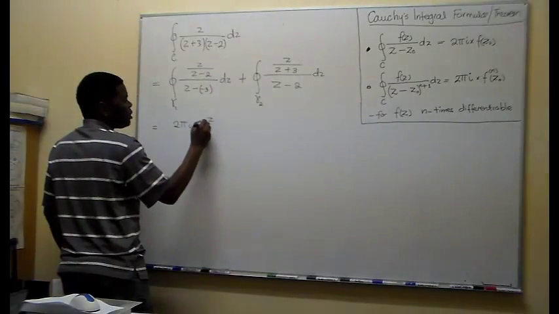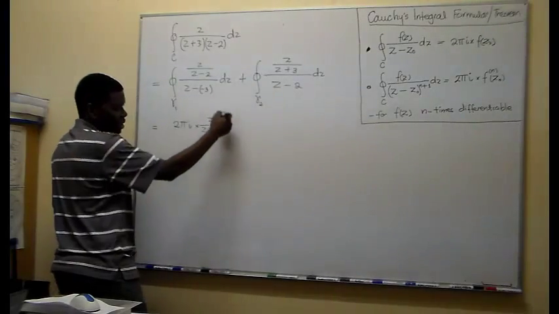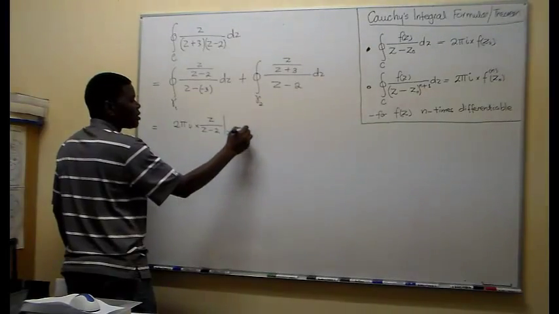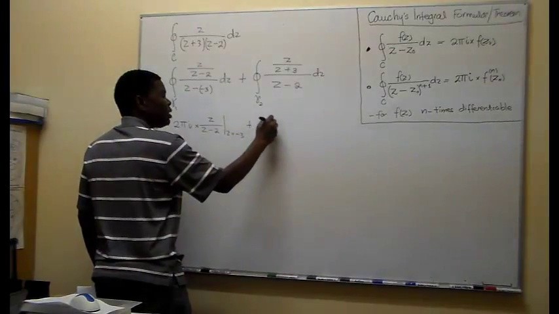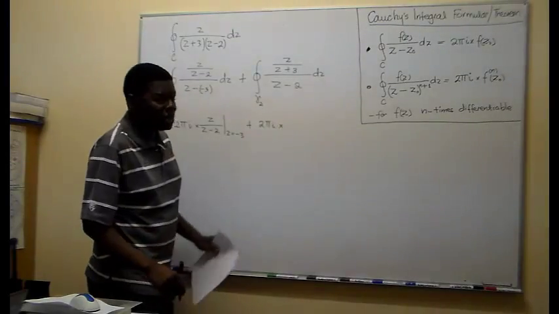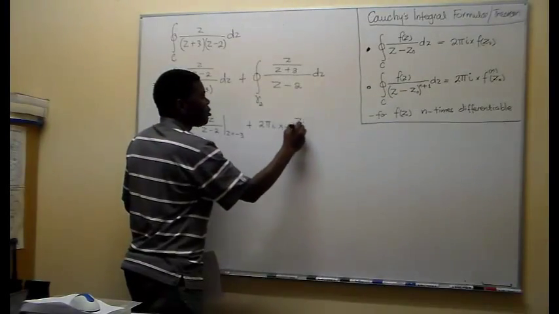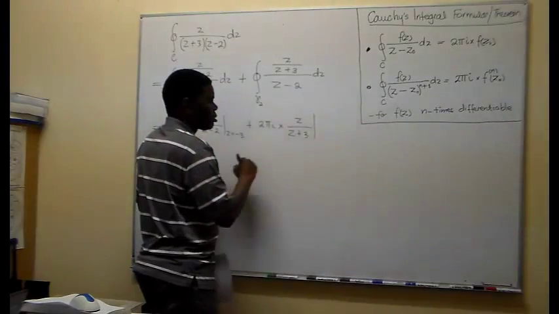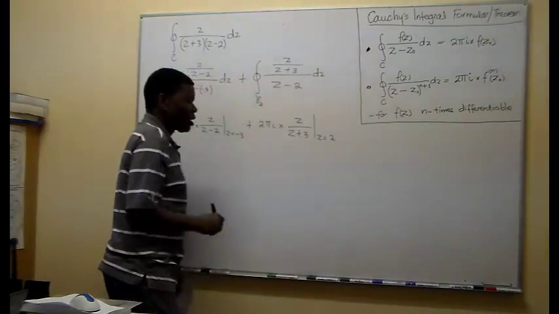I'm going to copy this exactly as it is, z minus 2, evaluated at z equals minus 3, plus, this side is the same formula, 2πi multiplied by f(z). In this case, our f(z) is z over z plus 3, evaluated at z equals 2.